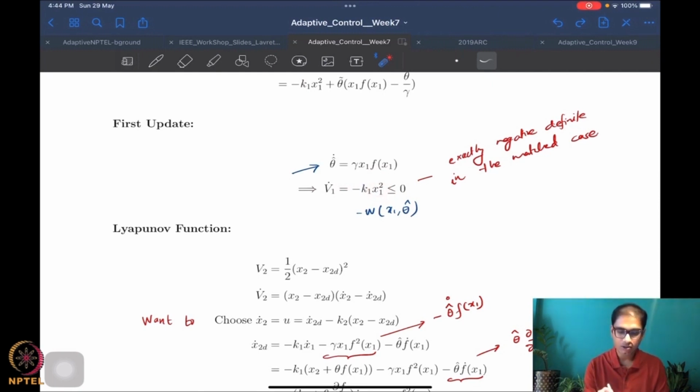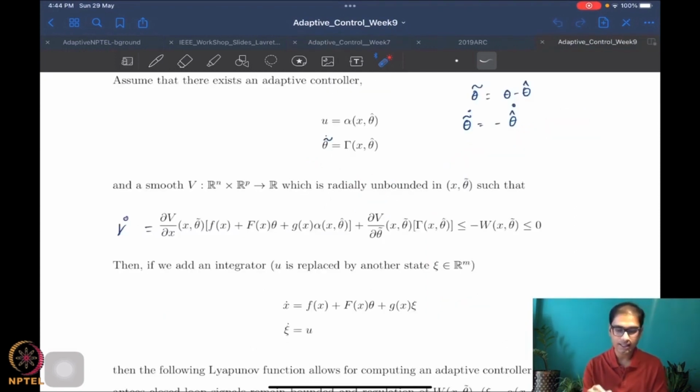I'm sorry, there is no x2 state yet. So we can prove this goes to 0, which means that x1 goes to 0. That's exactly what we also claim here.